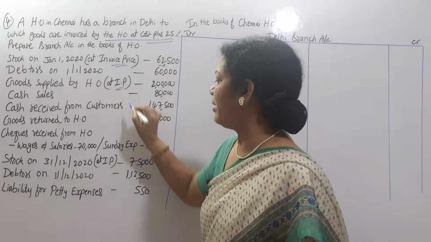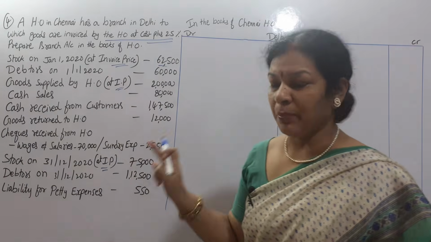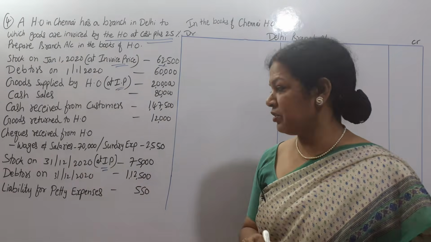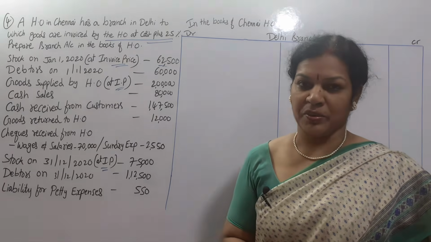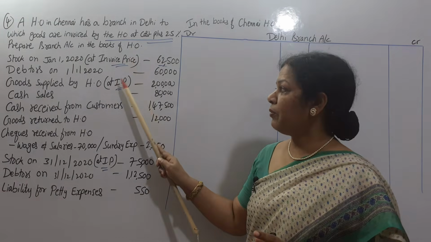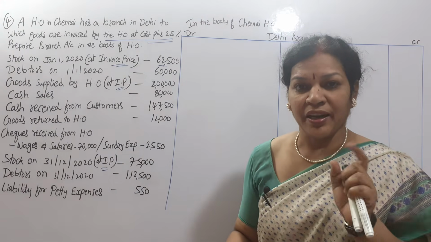Invoice price we are finding three times: one is opening stock, second one is goods supplied by the head office, and also closing stock at invoice price. And closing debtors and liability for petty expenses. Petty expenses means expense only. Now you have to remember, whenever you are finding invoice price, the extra added price is there, that we have to remove.